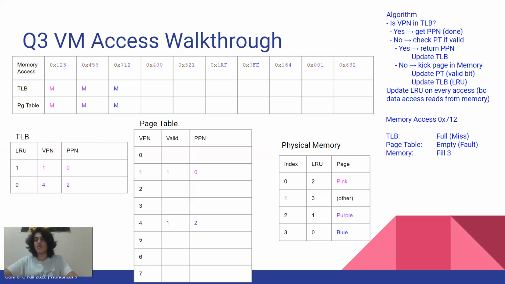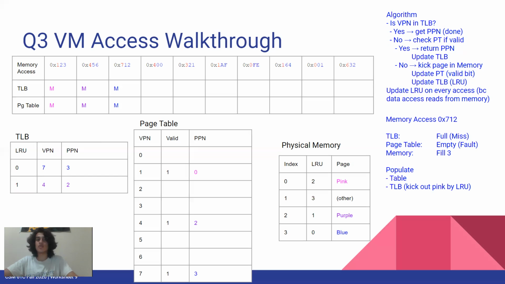Our TLB is full, but it would have been a miss anyway. Our page table doesn't have our VPN of 7 in there either. So we grab our data from our memory. We have 2 misses again, and our TLB is full now.